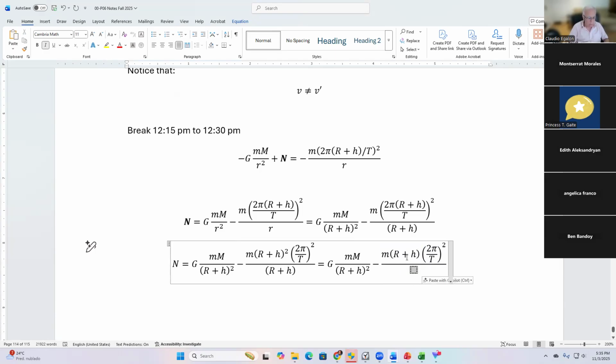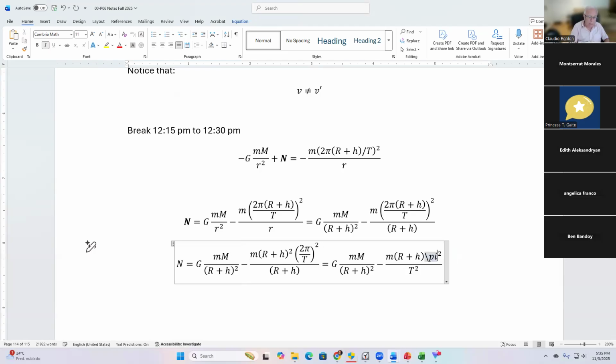Okay, T square is gonna go downstairs. When we get, I'm gonna put pi here. Pi is gonna be squared, and my 2 is gonna turn into 4.